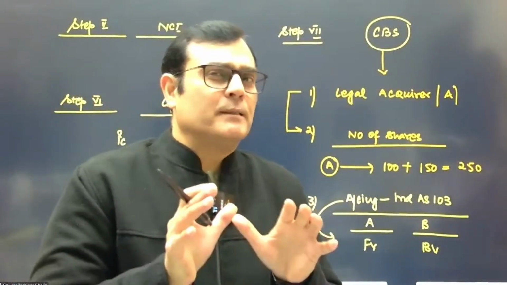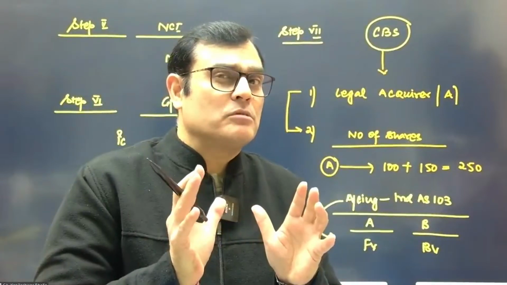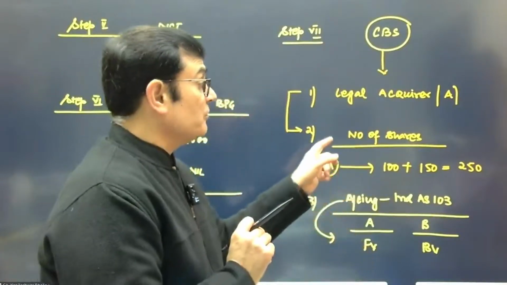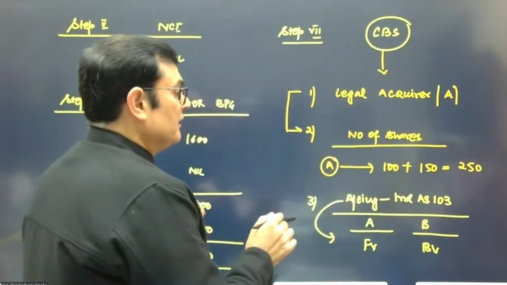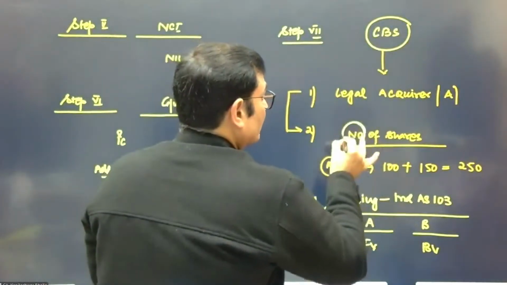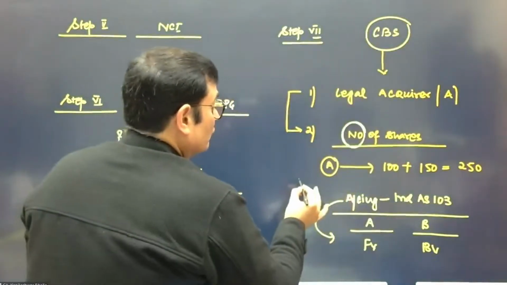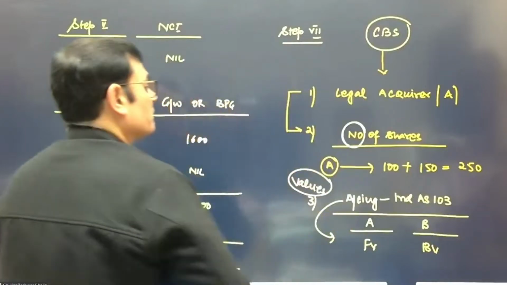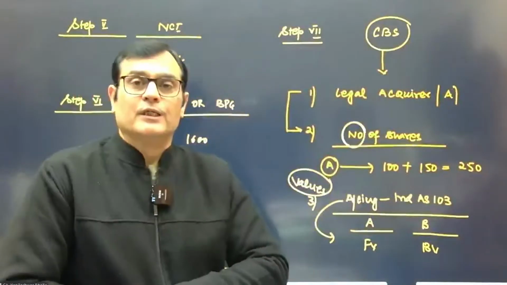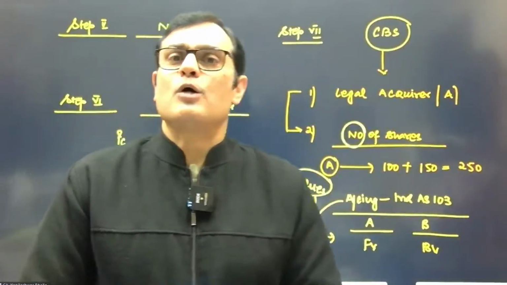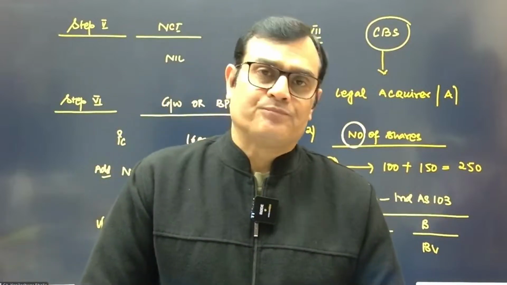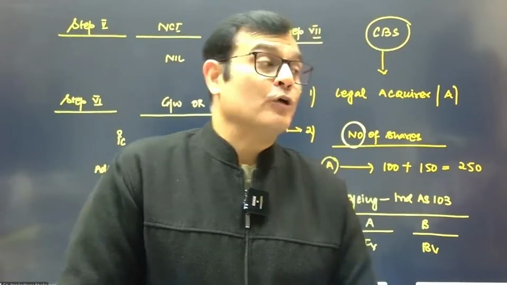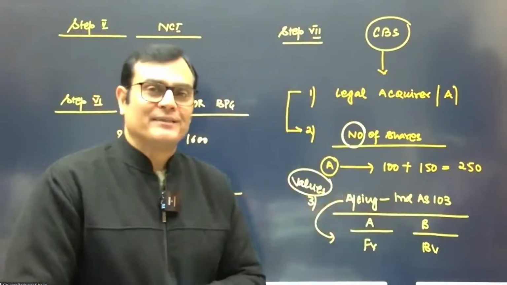So when you're making the balance sheet from the amount column perspective, this was from the number perspective. But when you take the values in the balance sheet, you will take the fair value of the accounting acquirer A, and you will take the book value of B.